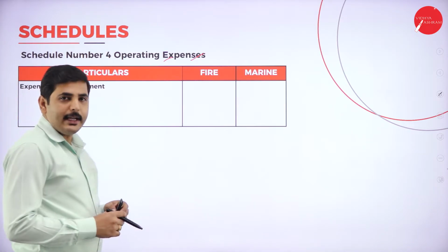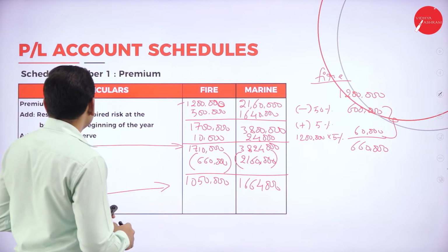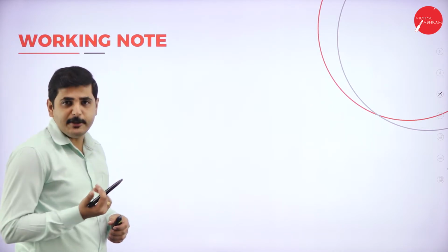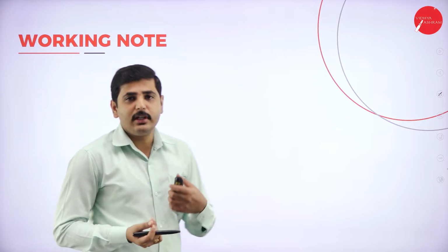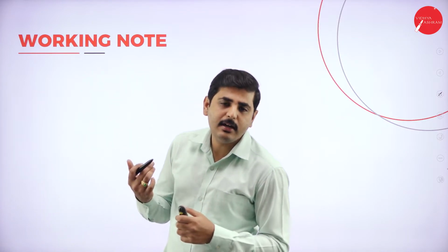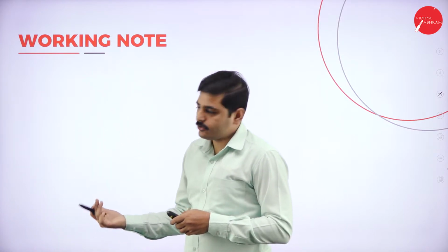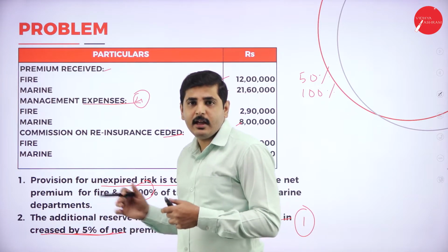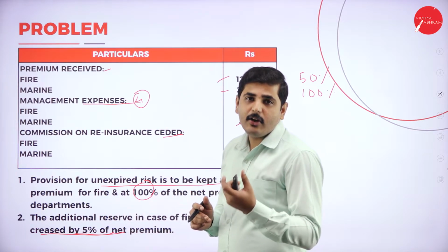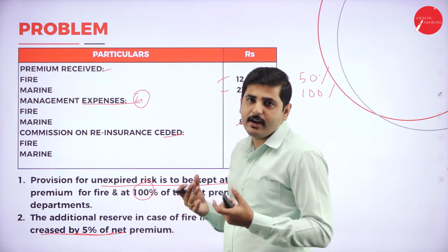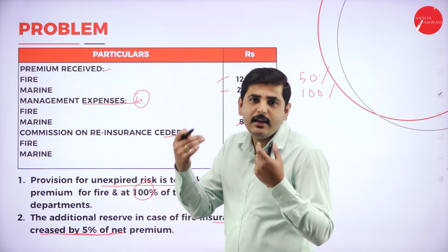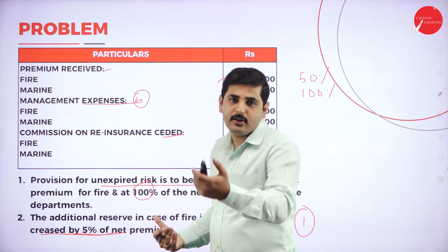Last one is operating expenses. What operating expenses do we have? Usually management expenses will be given. Any outstanding of the current year, you add it; any outstanding of the previous year, you deduct it. It will be given in the adjustment. Why are we deducting? We are only considering expenses of the current year, not the previous year.